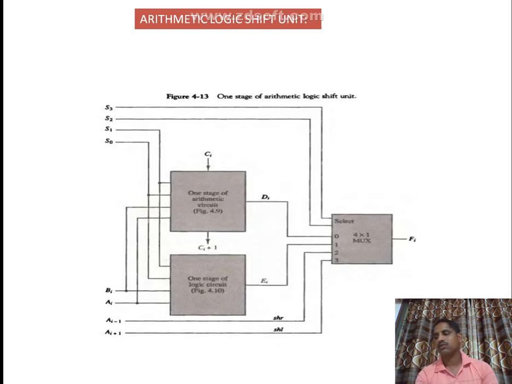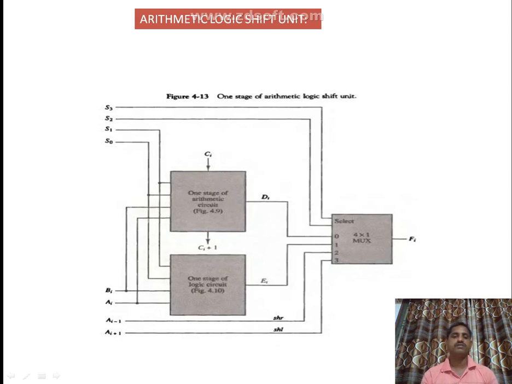The shift micro operation logic and shift circuits were introduced in the previous sections, but here everything will be combined in one multiplexer. It will perform the ALU operations in the subset of the design for a typical stage with inputs AI and BI.